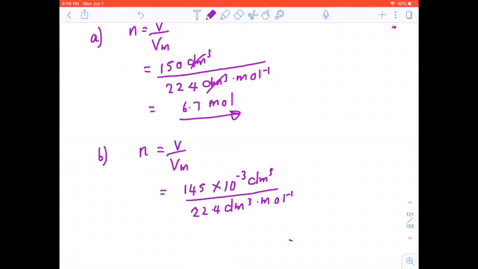That cancels out and that cancels out, so we are left with mole, right?